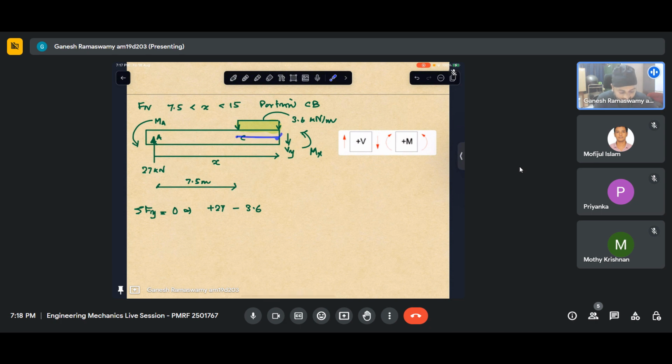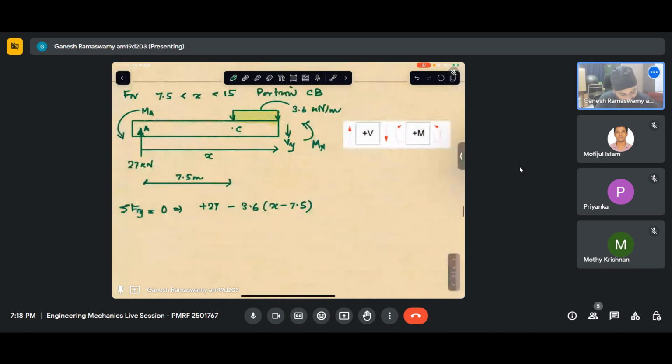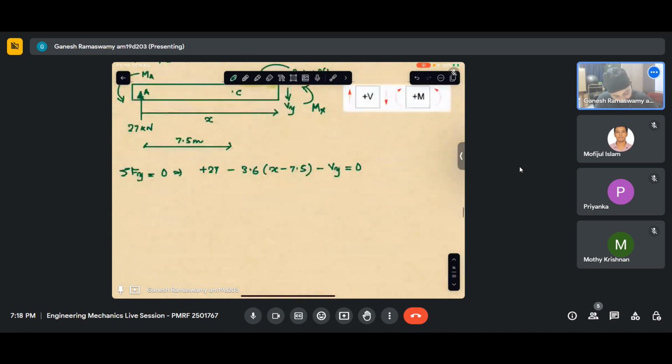If the total distance is x and this we know is 7.5, it will be x minus 7.5, minus Vy equaling 0, or Vy comes out to be 27 minus 3.6 into x minus 7.5.